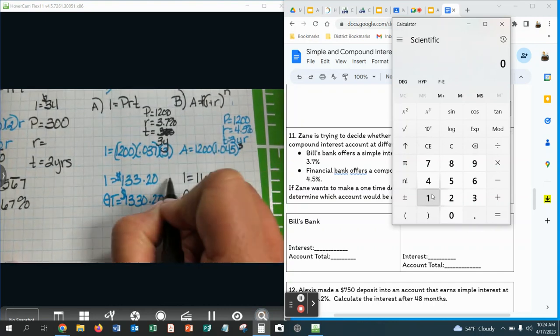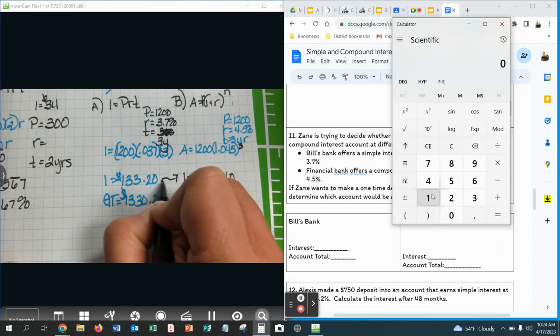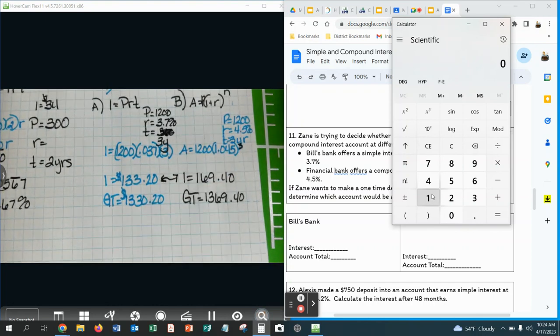It's going to be 169.40. That's the difference in these two interests. So which one is going to be a better interest rate, the compound or the simple? Mr. Shumway, which is a better interest rate? Yep, the compound interest.